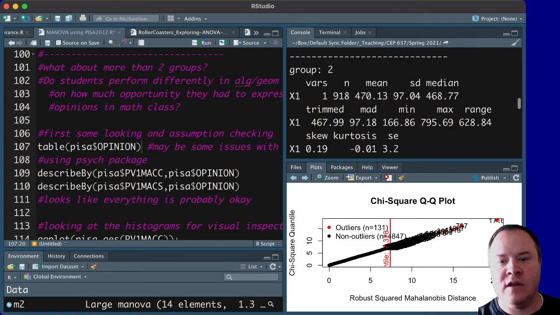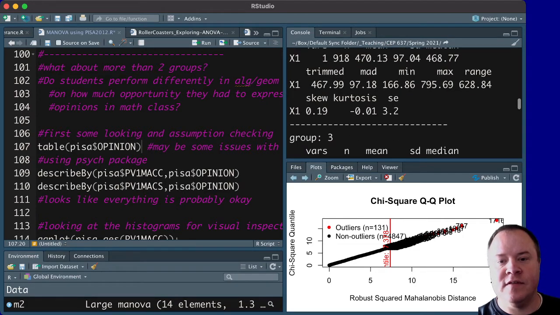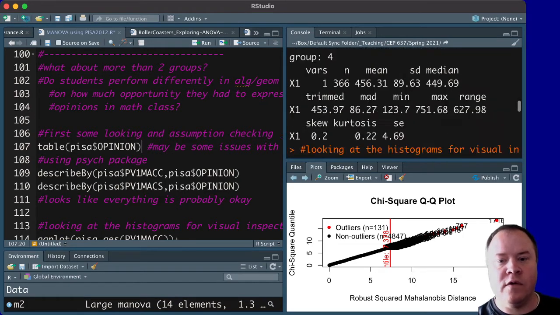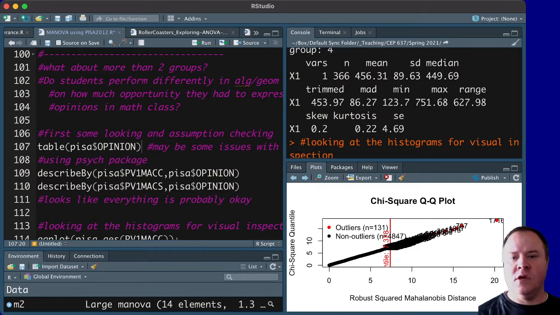Fine, 470, 461, 456. And no problematic issues here, but it looks like maybe with geometry we might expect to see differences pop up more. We might be more likely to see a statistical difference here, even though it's important to point out that these might not be meaningful.